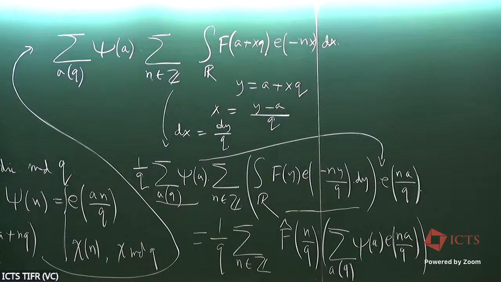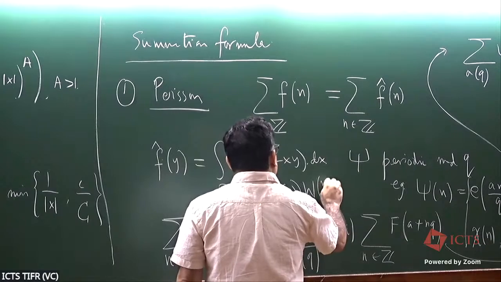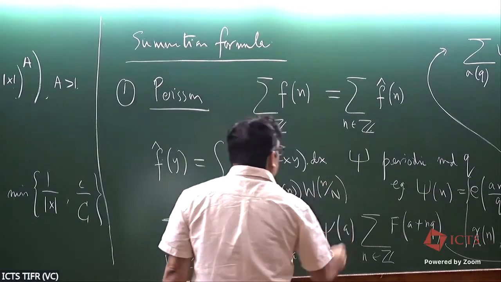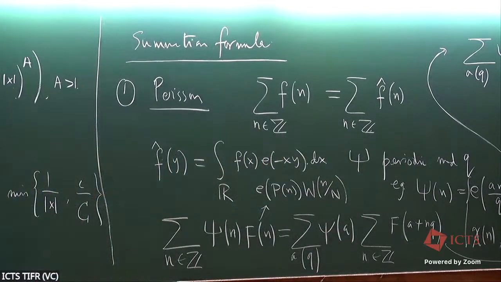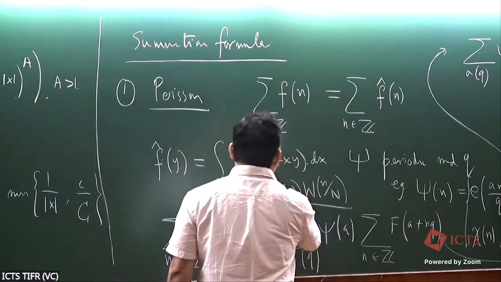Usually in application, what you have here is some kind of oscillation. So there may be a phase function here, P(n), and then n will be supported from capital N to 2N. So that's usually what happens to your weight function.